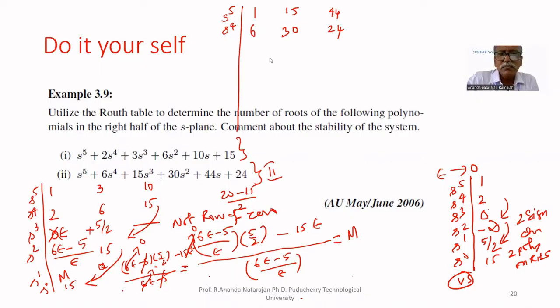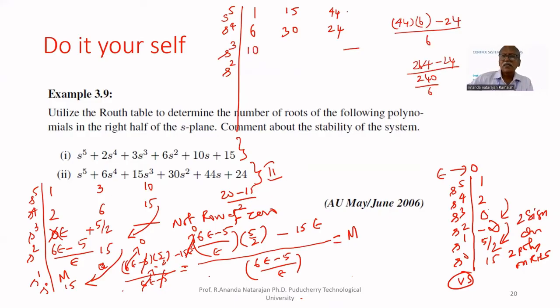Find S power 3: minus 30 is 10, you know. Okay. 10 here, 40 is correct. So S square is 300 minus 240, 60 divided by 10, 6. Am I correct?